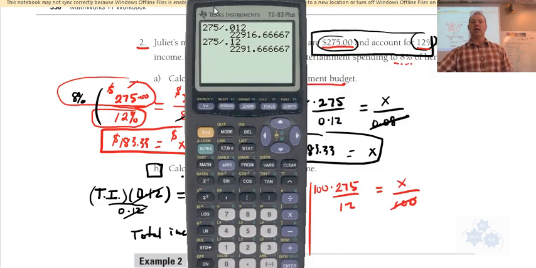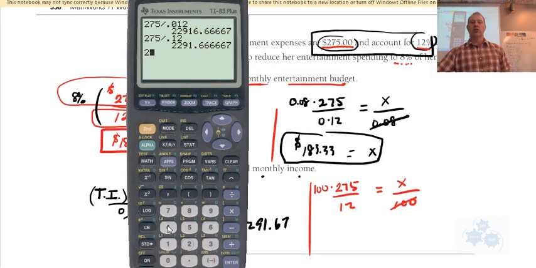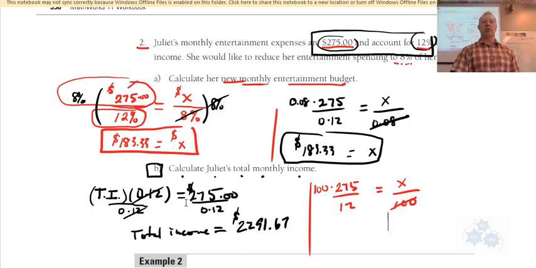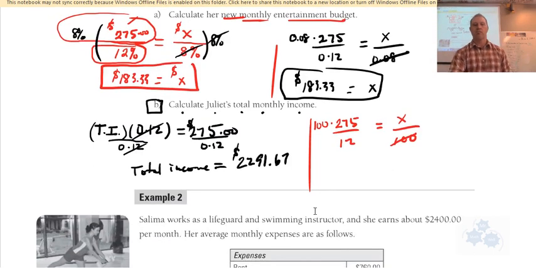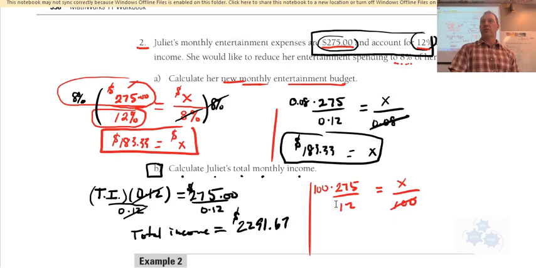And let's just double check that to make sure we get the right answer. 275 times 100 divided by 12 equals, look at that, same number. So there's two different ways of doing that question, okay? Proportion, or just thinking about the equation. Any questions about number 2?